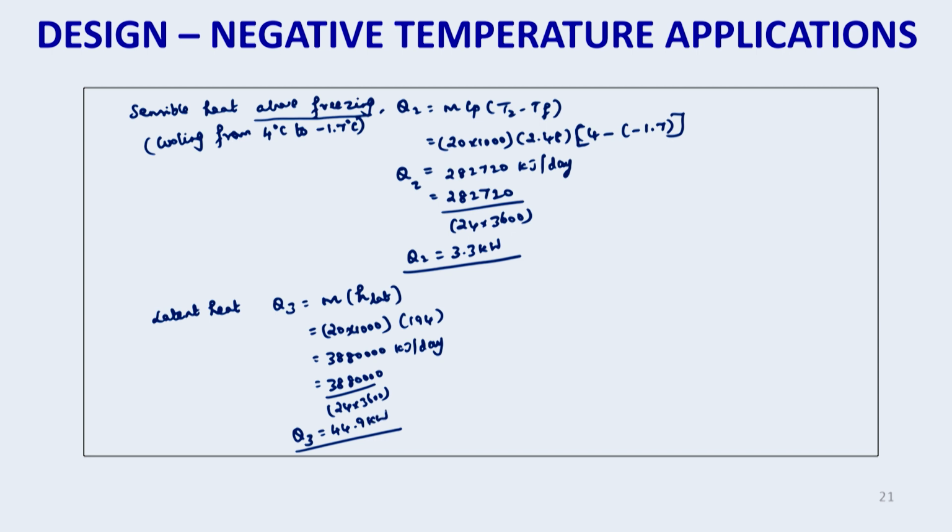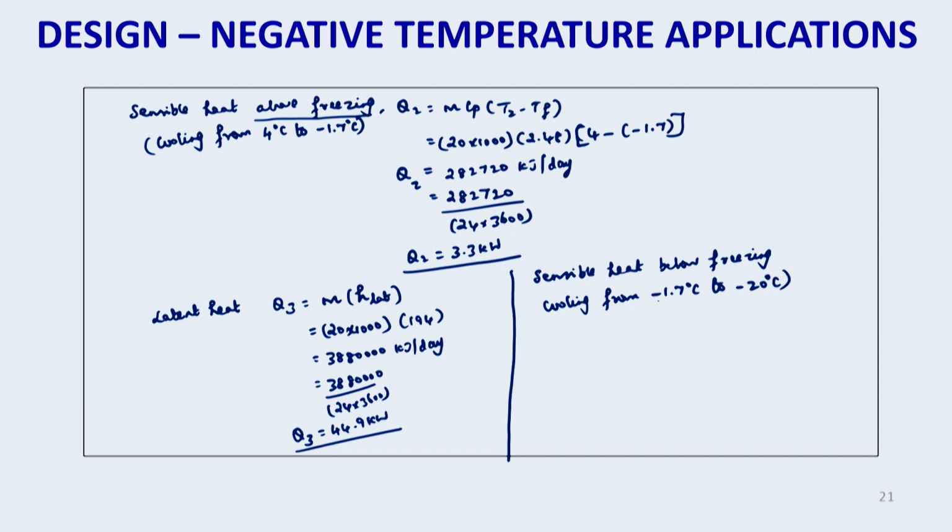Next, I will do the sensible heat below freezing. This is cooling from the freezing temperature of minus 1.7 degrees centigrade to the required temperature of minus 20 degrees centigrade.